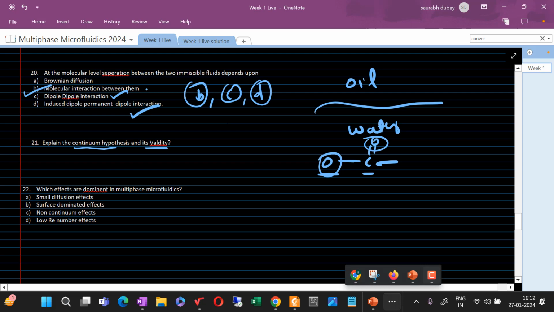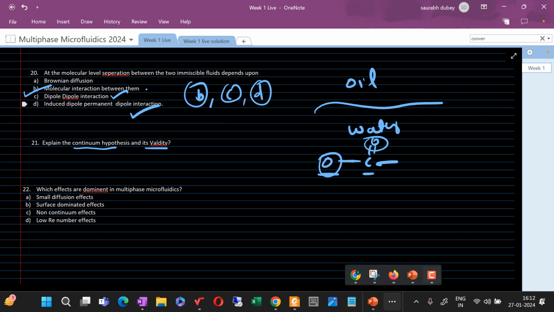Induced charges will be there. They will not be exactly polar like water, but there will be some characteristic which has a polar nature. So BCD will be the correct one.